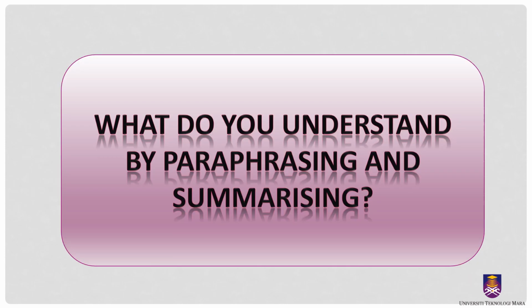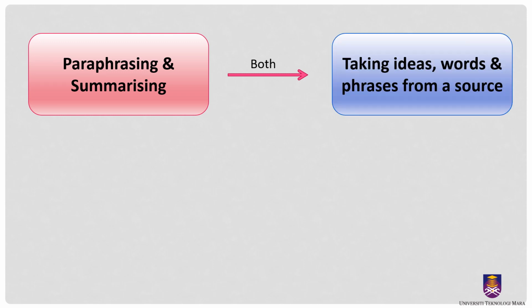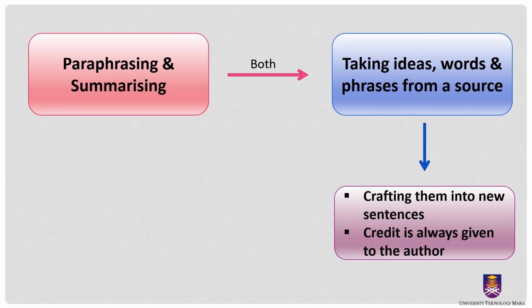Now, when we think of paraphrasing and summarizing, somehow they sound identical. Let's see if there are any differences between paraphrasing and summarizing. Both of them take ideas, words and phrases from a source and then craft them into new sentences, and credit is always given to the author.